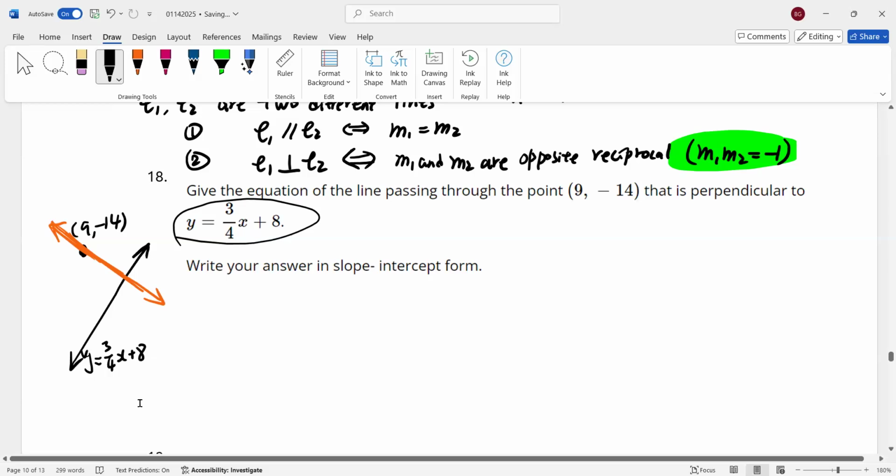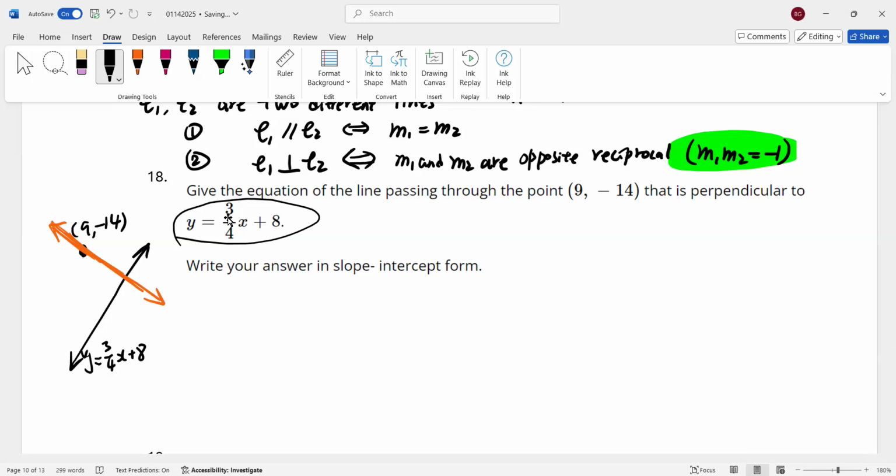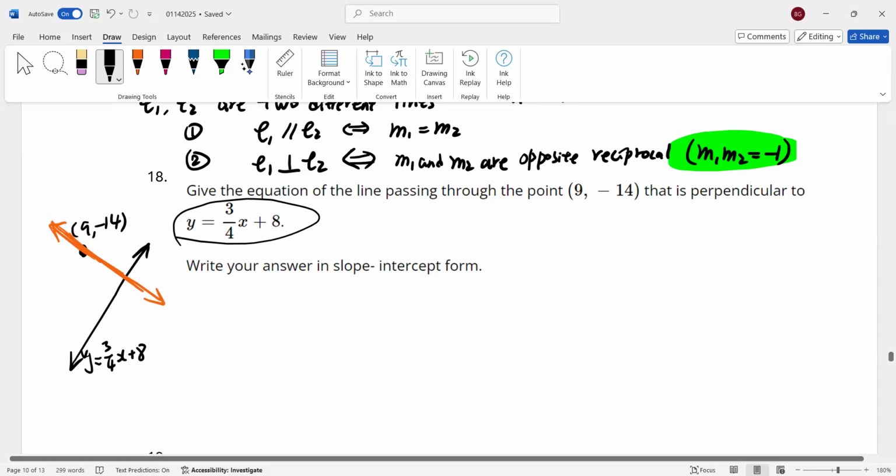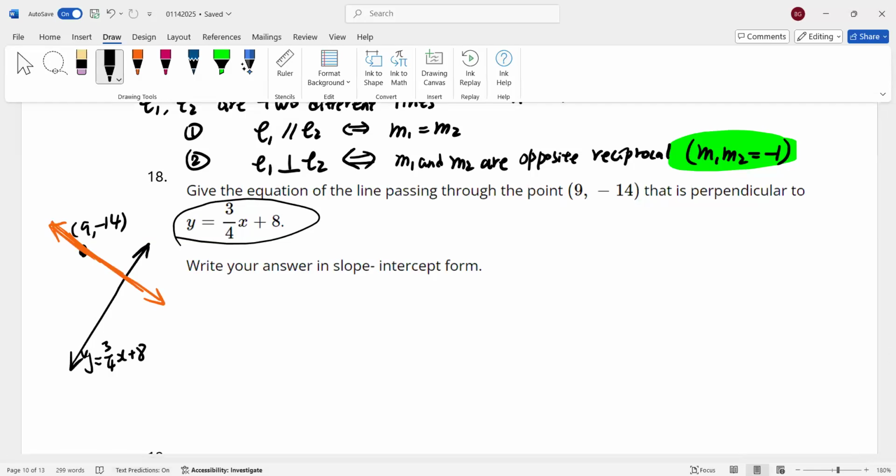And we also have the point (9, -14). We are looking for the equation of the red straight line passing through the given point and perpendicular to the black straight line. That's our goal here, and that's how we understand the problem graphically.